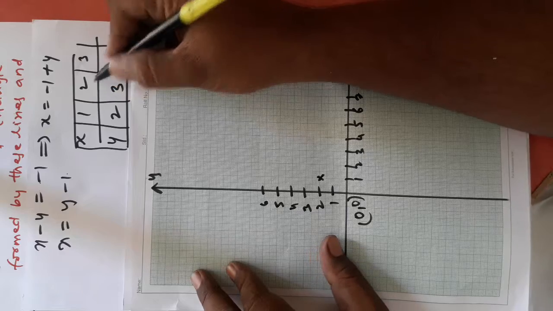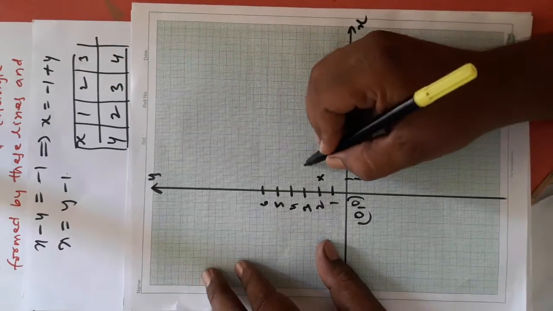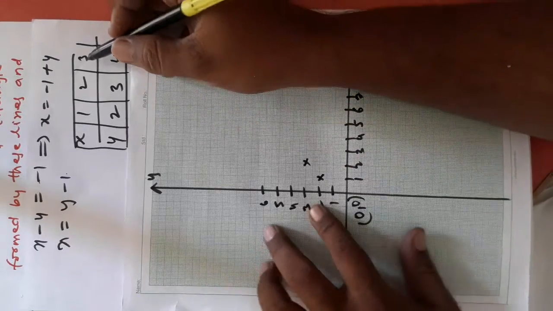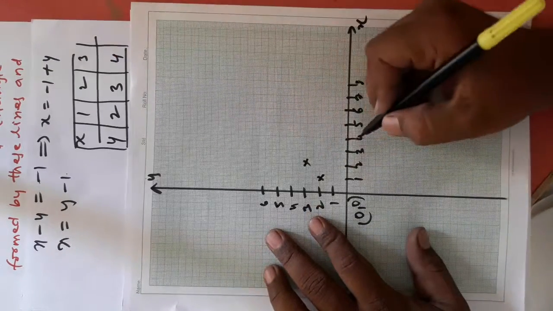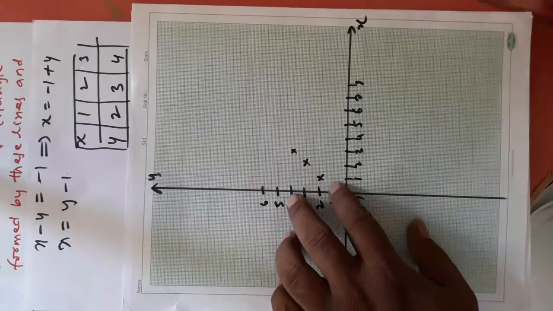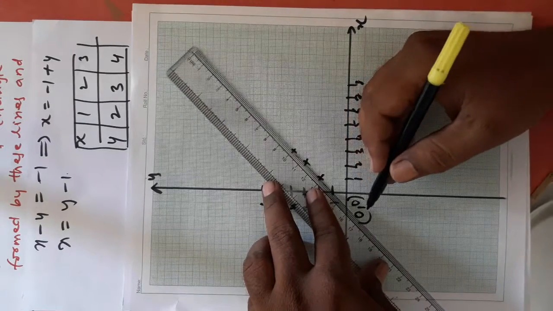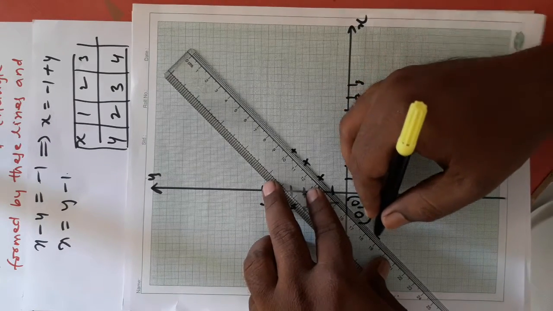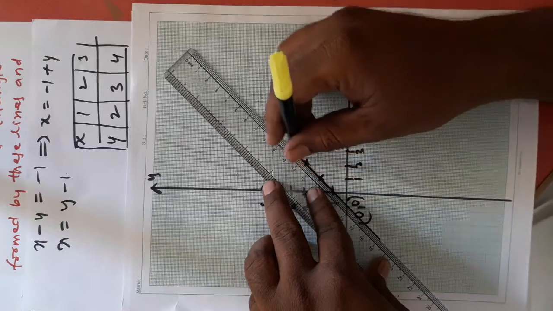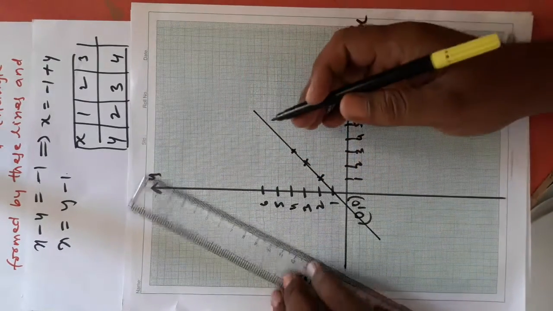Then it is 2 comma 3. Then 3 comma 4. This is one line I got. So if you join all these points, you will get a straight line. Okay.